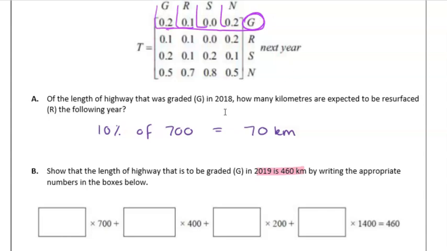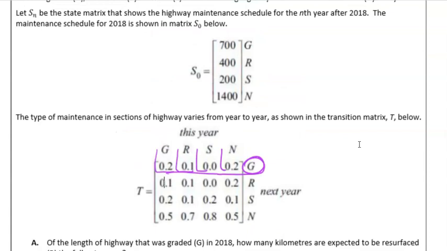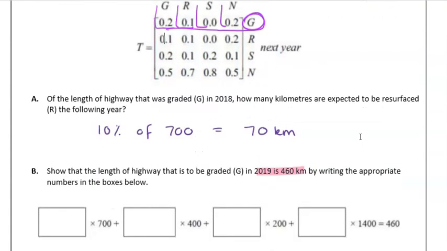So make sure that the values already given, the 700, 400, 200, 1,400, are in the order given in the state matrix, the initial state at the top. Then we can simply follow along: 0.2 times 700, 10% from resurfacing so 0.1, none of the sealing, and again 20% so 0.2 times 1,400, and that will give us 460 as the answer there.